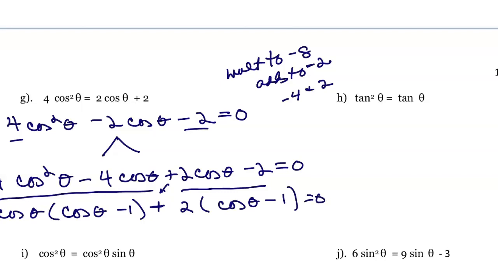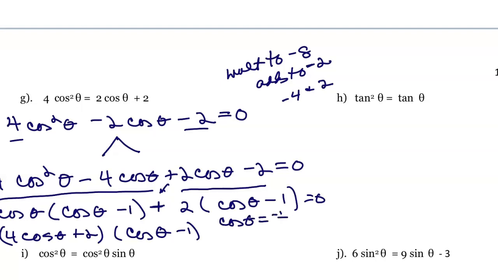So your factors are 4 cosine theta plus 2, which I got from the multipliers outside those parentheses, and then cosine theta minus 1. So what are our answers? Cosine theta equals negative 1/2 and cosine theta equals 1.